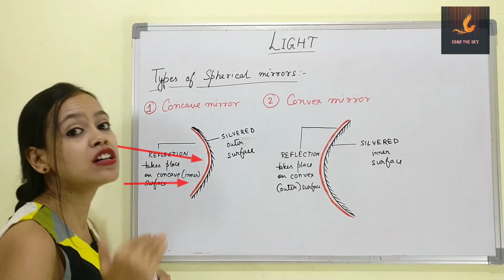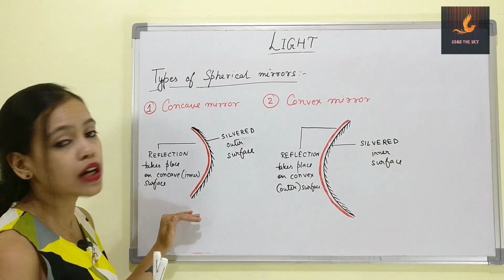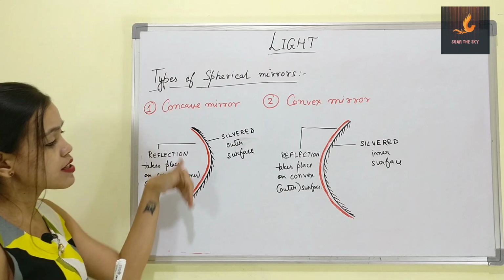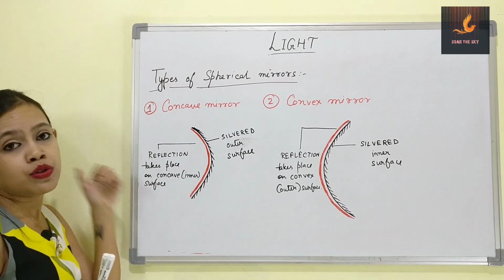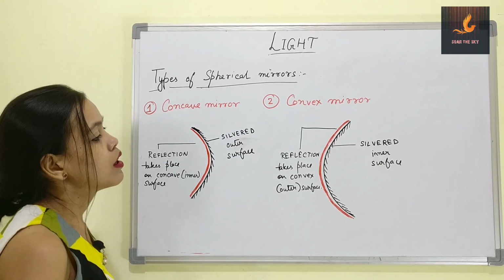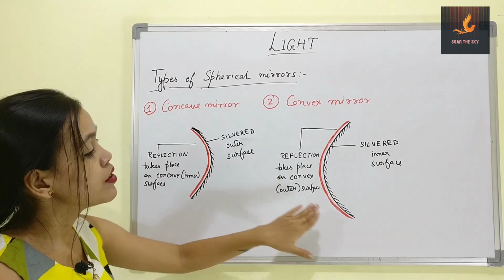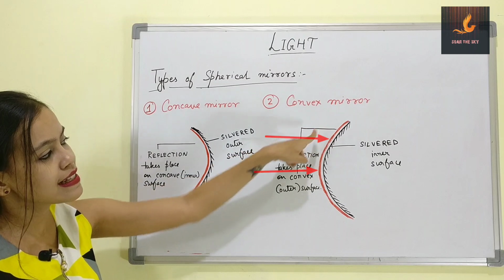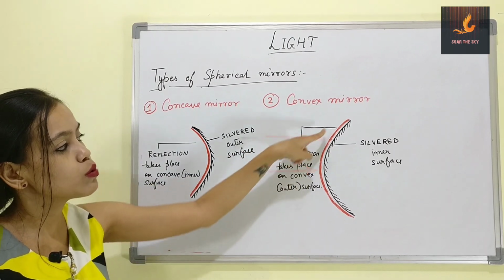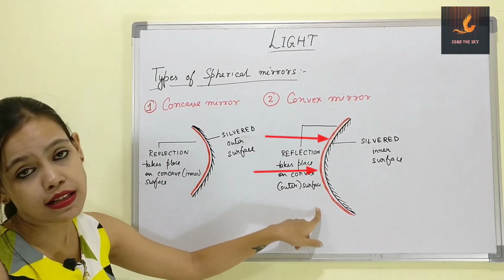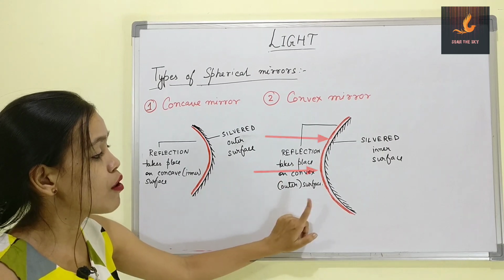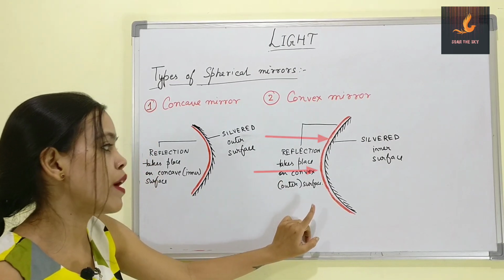Concave means inner surface, which is hollowed out or curved out just like, you can say, a bowl or a spoon. But if we look at the convex mirror, the reflecting surface is exactly the opposite. This is the outer surface which acts as the reflecting surface for convex mirror.